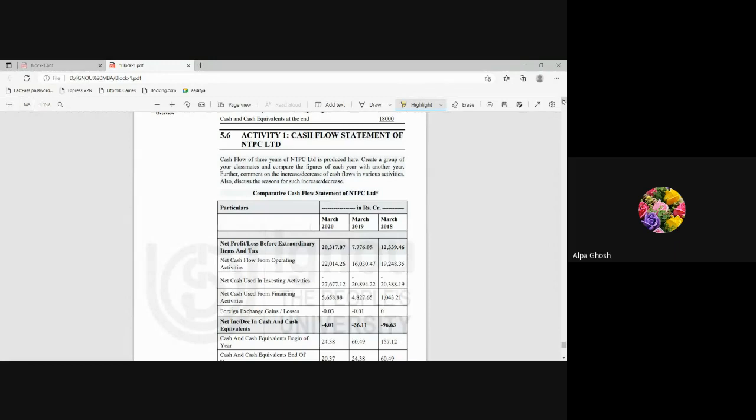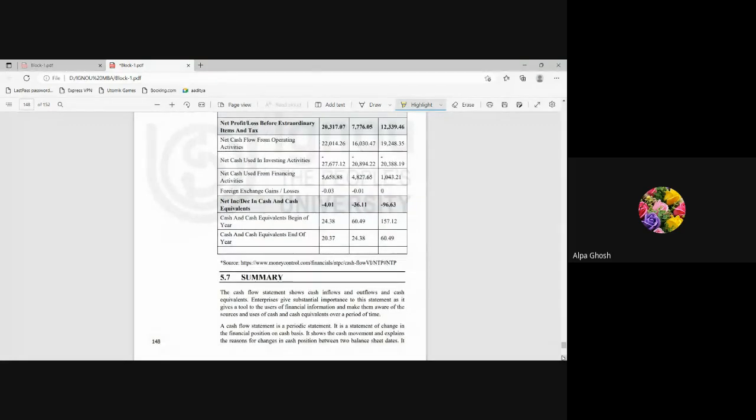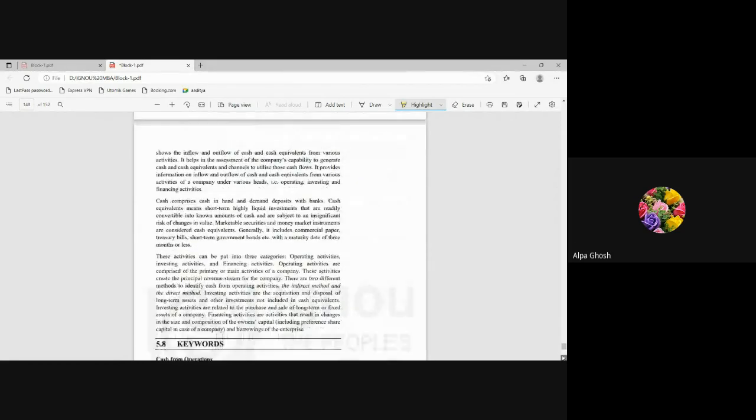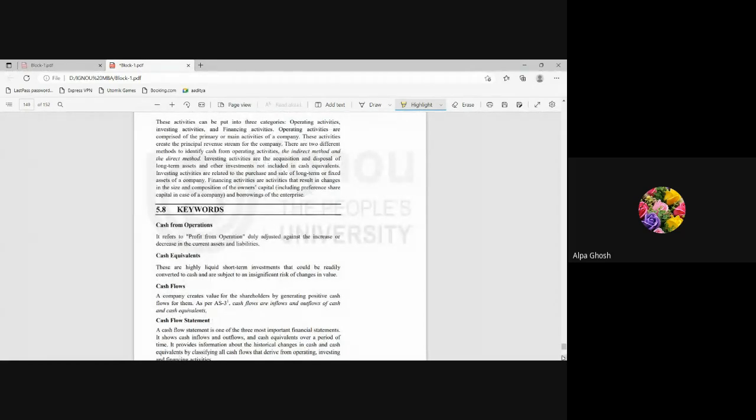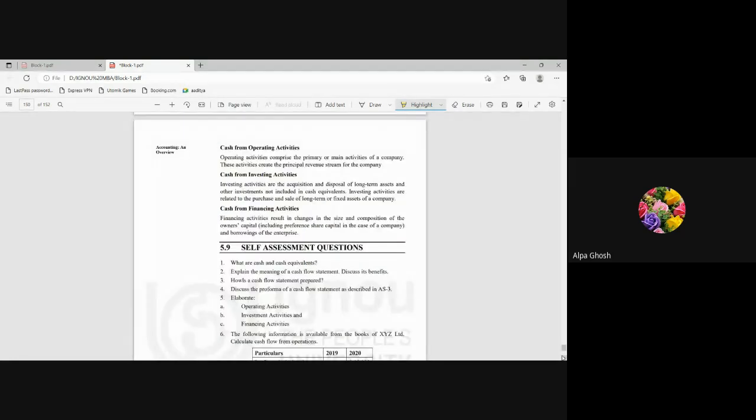This is an activity given, a cash flow statement of NTPC Limited, and they have asked you people to prepare the cash flow statement of this company. The keywords, the important terminologies to be remembered in this chapter are cash from operation, cash equivalent, cash flow, and cash flow statement.